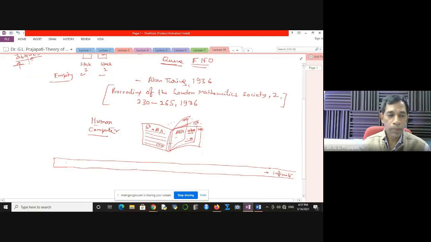Here we have the tape, and we divide the tape into squares. You will be able to write exactly one symbol in every square. So the tape is squared off. You write one symbol in one square, and so on. A square may not contain any symbol.